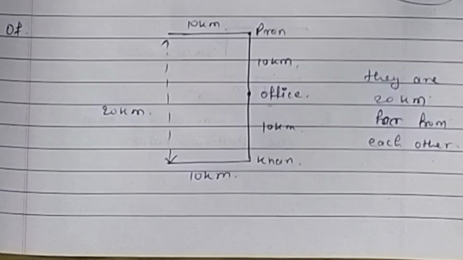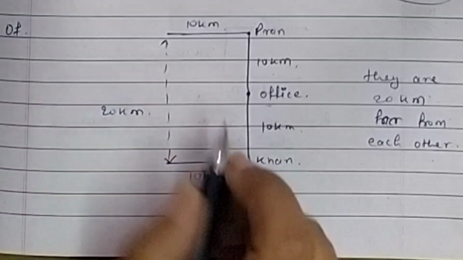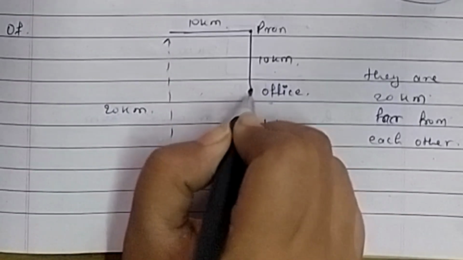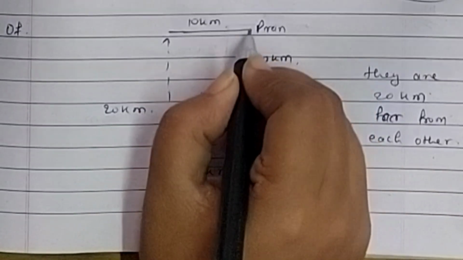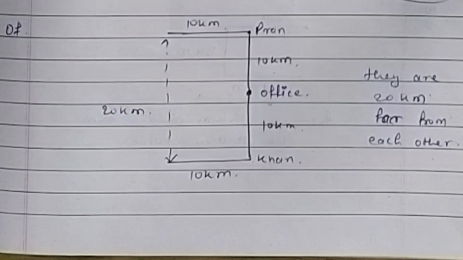So question number 7 is basically saying Pran and Khan started from their office and walk in opposite directions, each traveling 10 kilometers. So if we see, the office will be like this here, and after leaving the office, they both move in opposite directions.